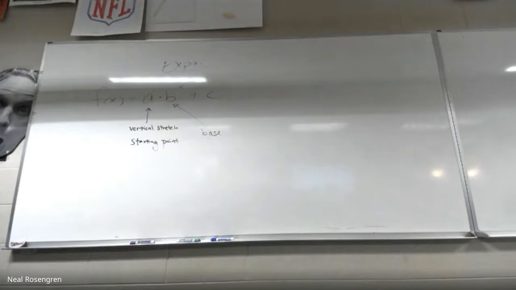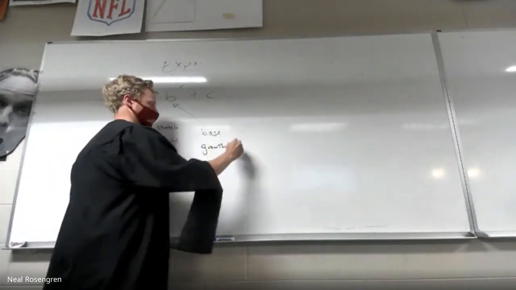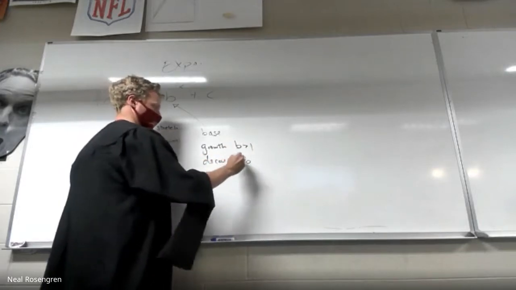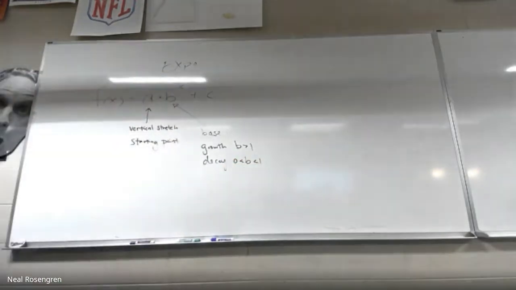Okay. So for growth, b is going to be bigger than 1. And then for decay, b is going to be bigger than 0 but less than 1. Bigger than 0 and less than 1. Good. Because if we plug in 1, it's just 1 forever. Plug in 0, it's just going to be 0 forever. And we can't even bother with negatives, because it doesn't make any sense to bounce back and forth.